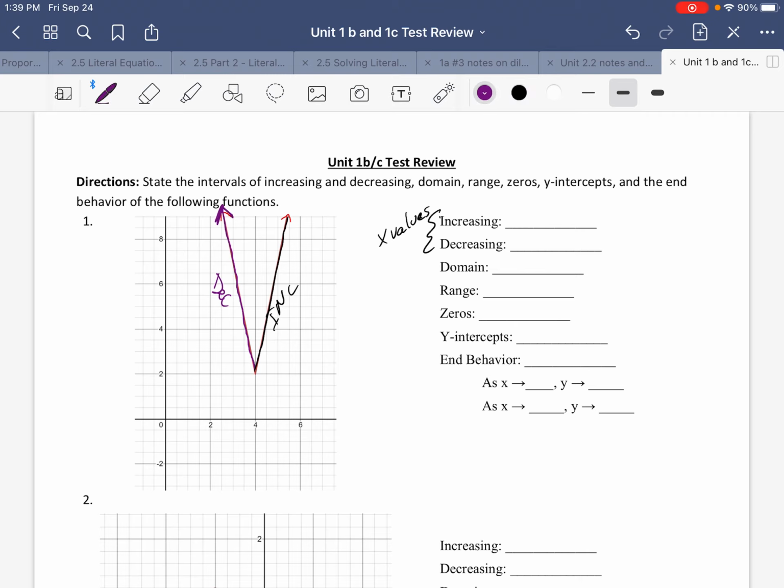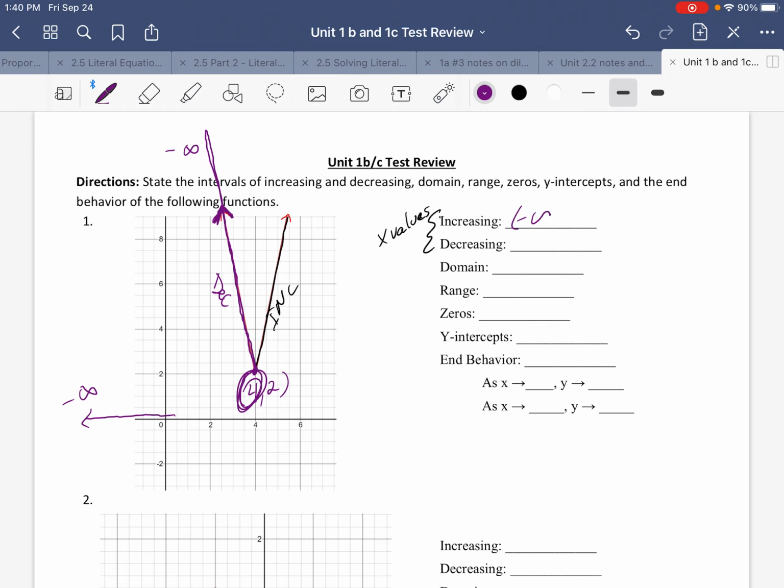How far left will this graph go, this side? It'll keep going left forever, and left forever will eventually get into the negative numbers. So left forever will go to negative infinity. And then how far right will that graph go? How far does it decrease to? It decreases to that coordinate, which is 4, 2. So the 4 is what I'm looking for, the x values.